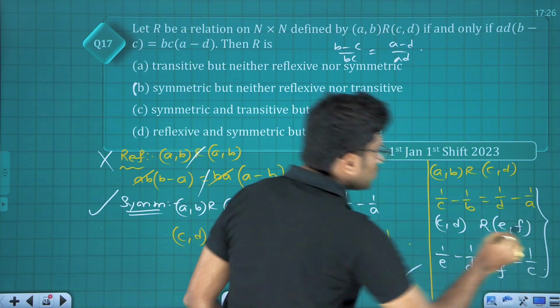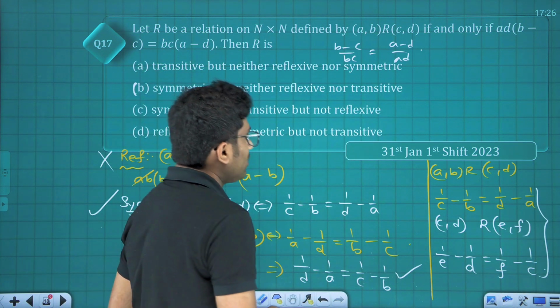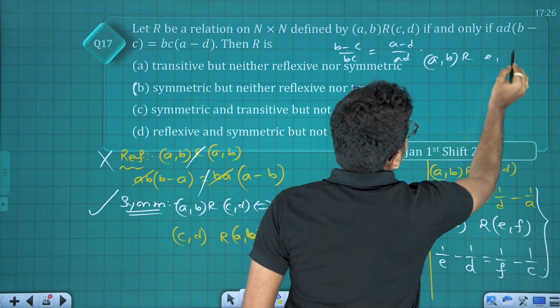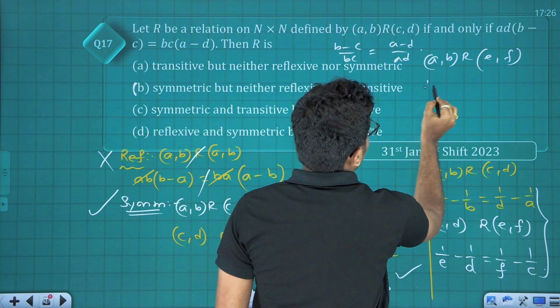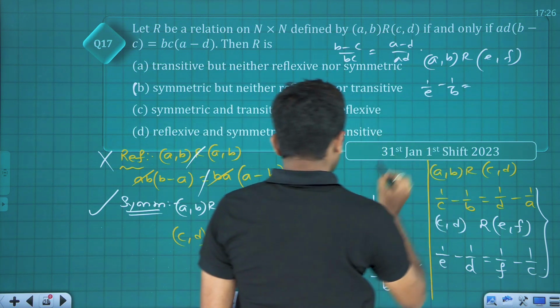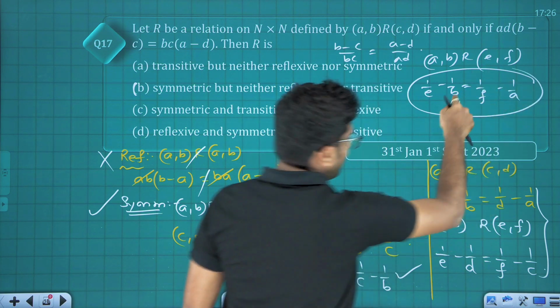So from these two, can we get the relation we are supposed to get? AB related to E comma F. So 1 by E minus 1 by B is equal to 1 by F minus 1 by A. Can we get this from this?